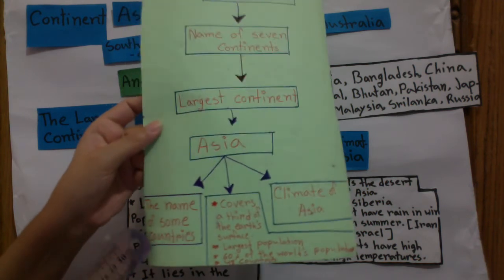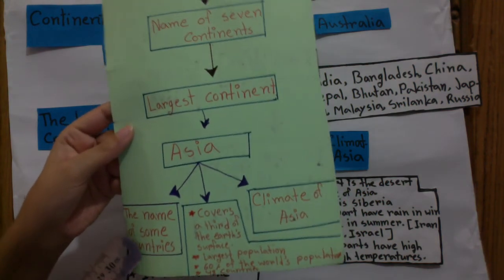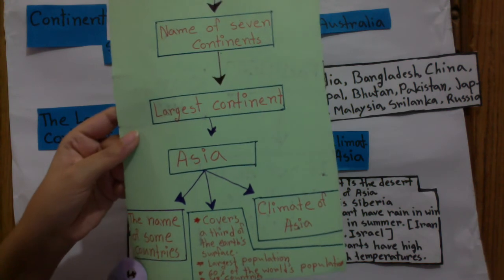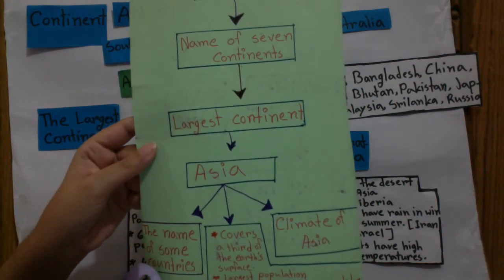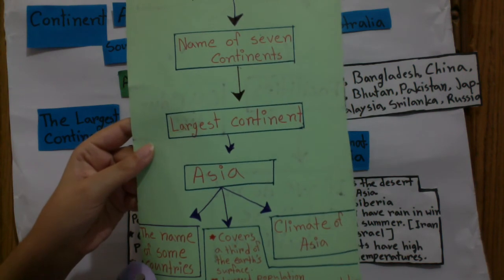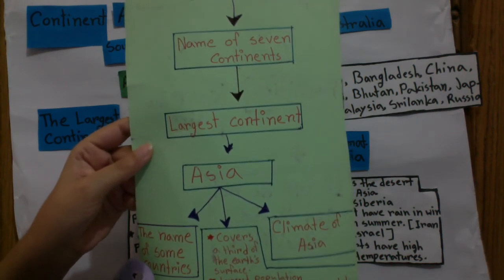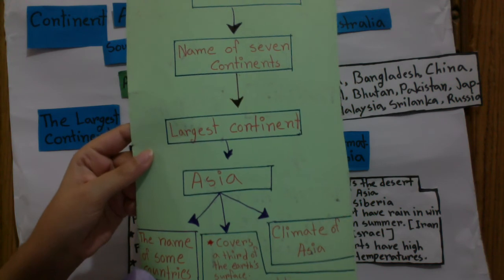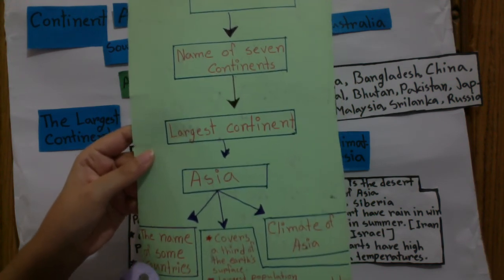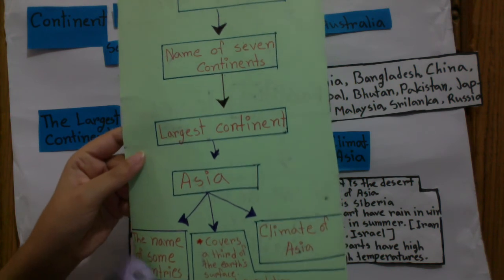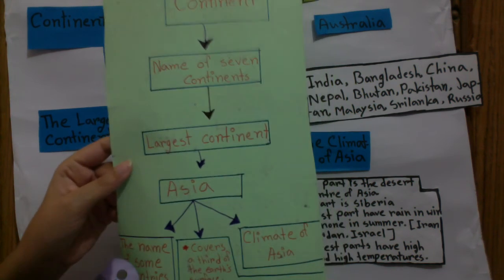Now we have to know the names of some countries in Asia like India, Bangladesh, China, Bhutan, Pakistan, Japan, Malaysia, Sri Lanka, Russia, Indonesia, Israel, Iraq, etc. There are 48 countries in Asia.